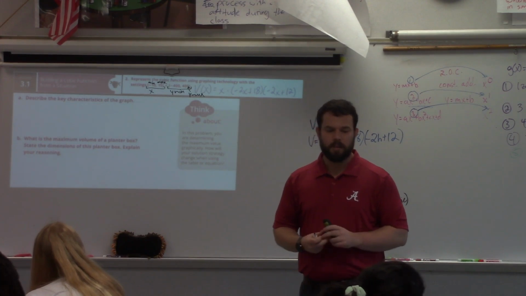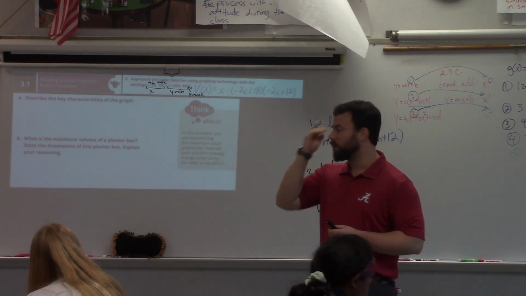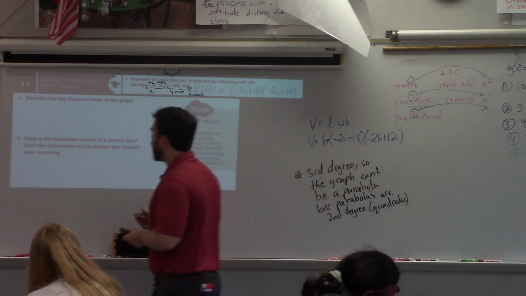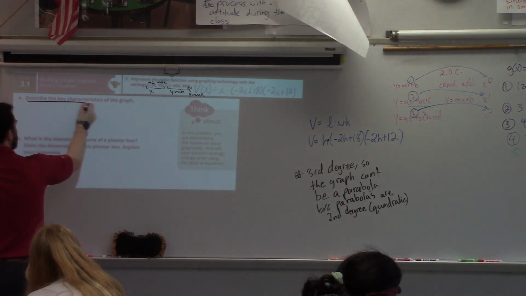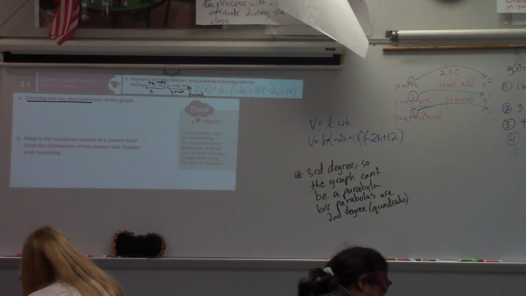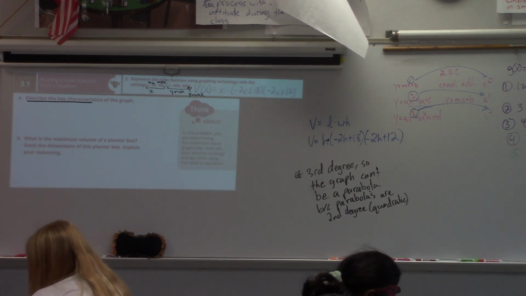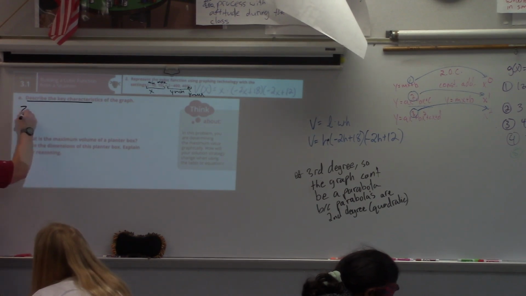Okay. At this point, I'm going to show you a couple of cool features of the calculator. First off, we're going to at least talk about which characteristics you should think about when you look at this graph. So when I look at this cubic function, what are some characteristics of that function that I should look at on the graph? Zeros, which also are called what?